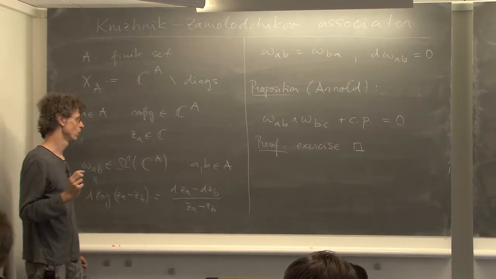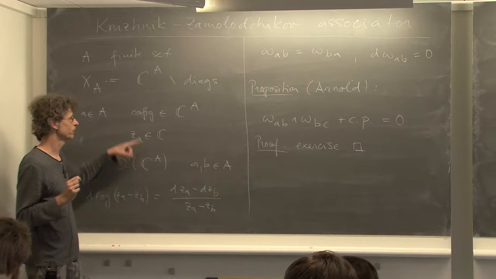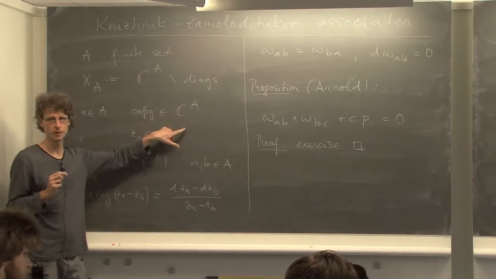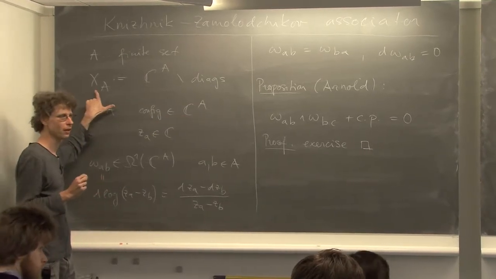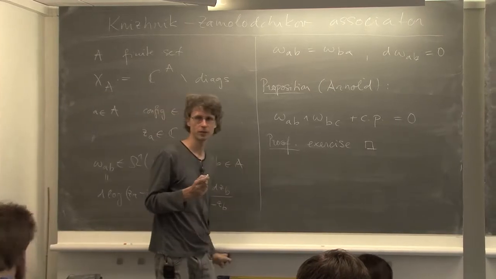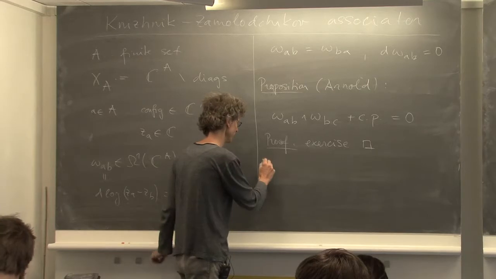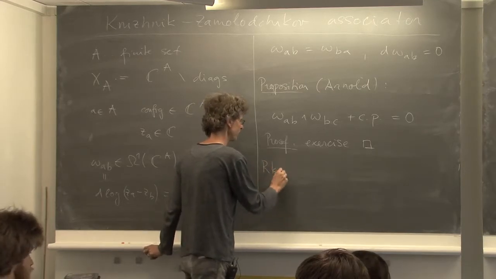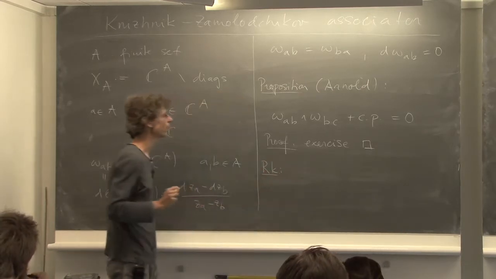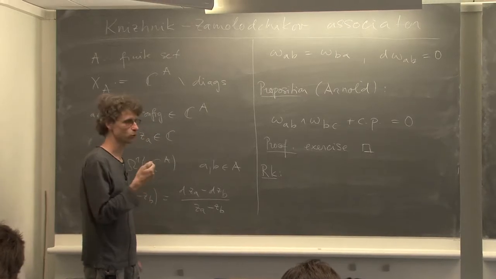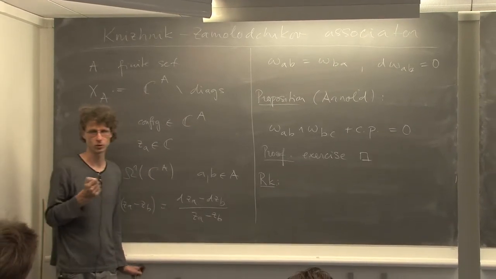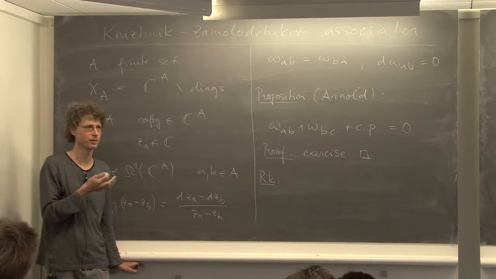And now these one forms are very closely related to this space X_A. We'll not really need it, but it's good for general understanding of what's happening, so it's just some remark. These are closed forms, so they should give us some cohomology classes, possibly 0. In fact, they are not 0.